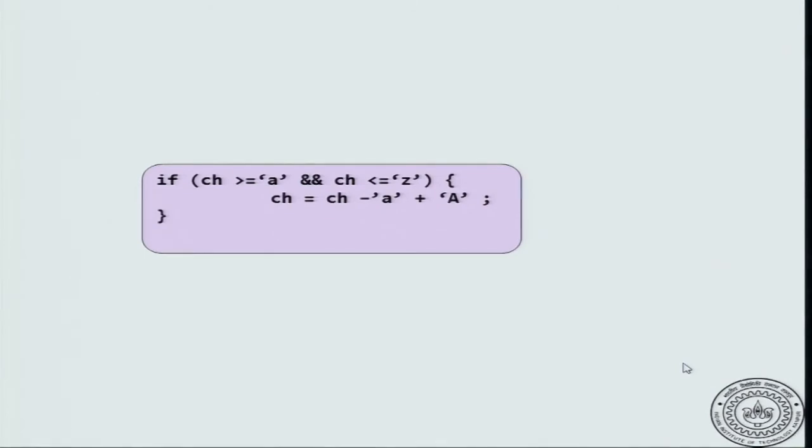Now, here is a snippet that I would advise you to take a look at and tell me what it actually does. So take a moment yourself and try to figure it out.